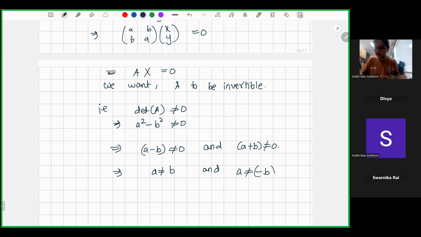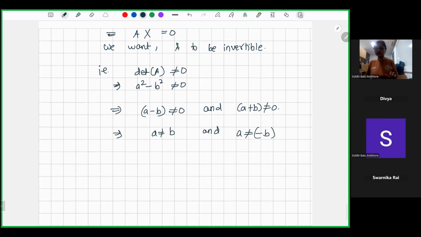Yes. These are the only conditions. Other than that, we will always have a basis.